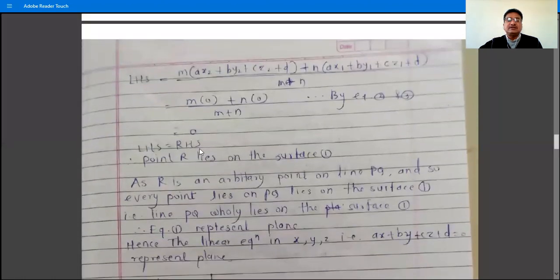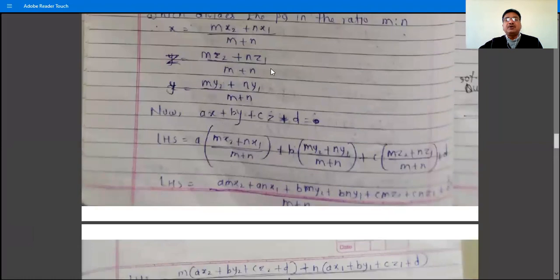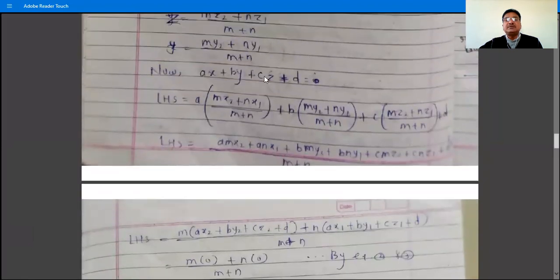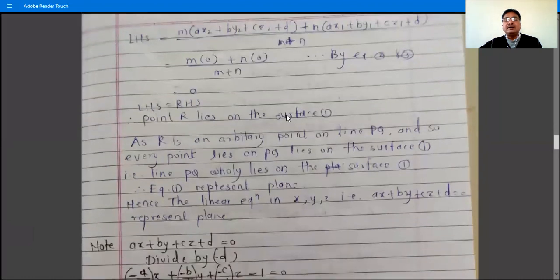So the next sentence is what? Point R lies on the surface 1, because the coordinates of the point R satisfy the equation ax + by + cz + d = 0. Therefore point R lies on the surface 1. As R is an arbitrary point, any point on the line PQ, every point on PQ lies on the surface 1.